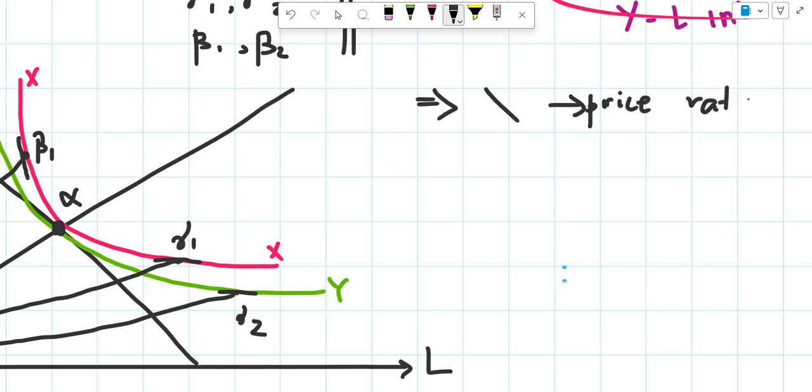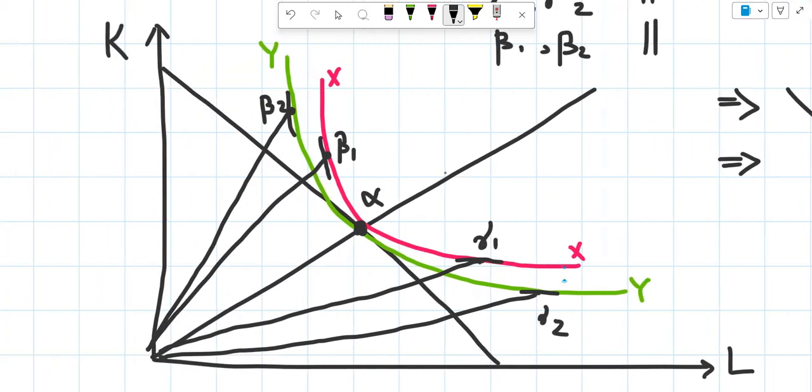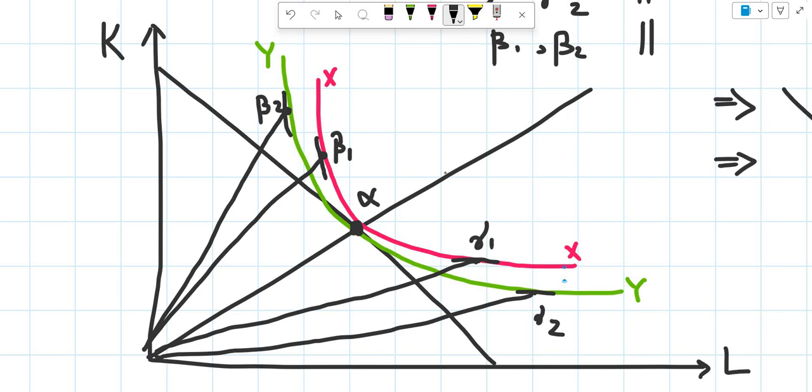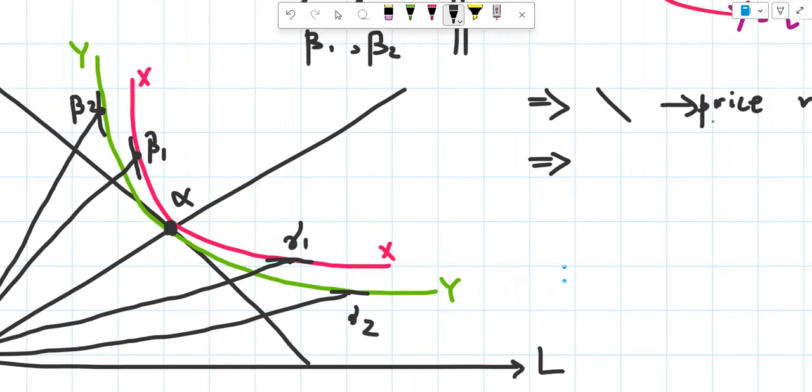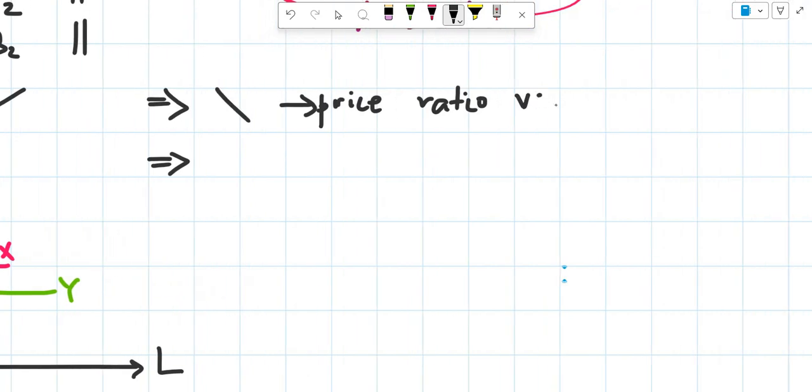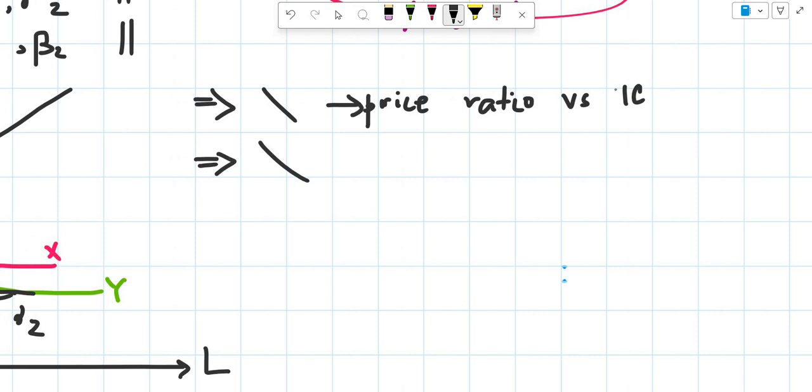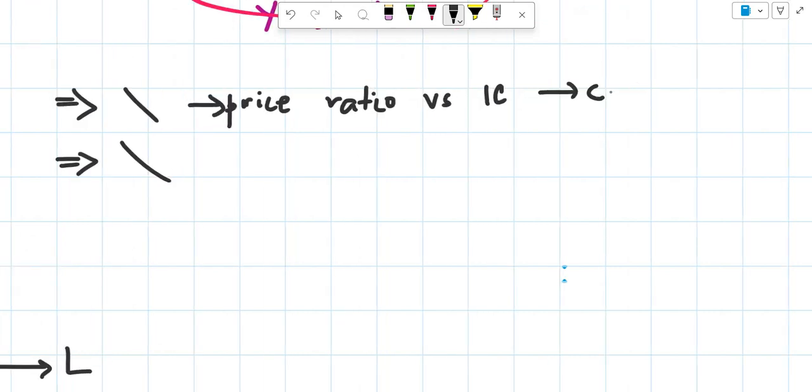And if you think about producer behavior, basically in consumer behavior, that would be indifference curves, not isoquants. And this would be in case of consumer behavior.